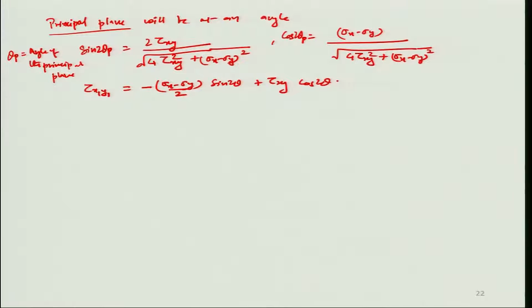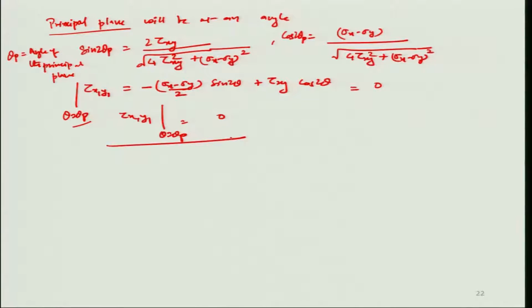If we put theta equal to theta p, this comes out to be 0. So at the principal plane there is no shear stress, or the tau x1 y1 component at theta equal to theta p is equal to 0. So we will use this criteria to determine the maximum shear stress.